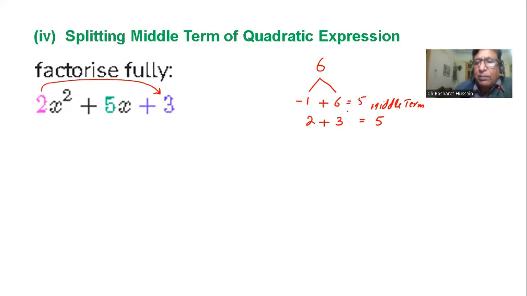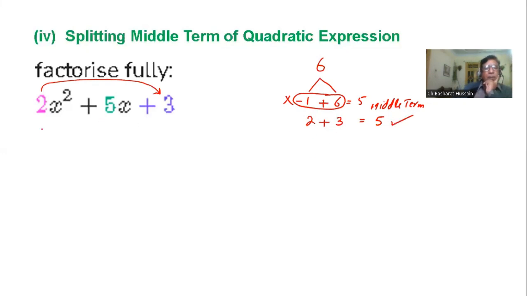This is also 5, the middle term. But when you multiply minus 1 with 6, you will get minus 6, but here it is plus 6. So minus 1 plus 6 is not correct. So 2 plus 3 is the correct way of factorization.